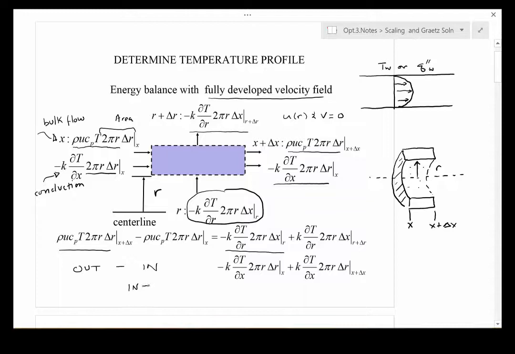We have in minus out is equal to 0 because it's considered steady. Normally, we would say that in minus out is equal to some sort of storage minus generation, but there is no generation, there is no storage, it's steady. So in minus out is equal to 0. You can think about it as the sum of the ins is equal to the sum of the outs.